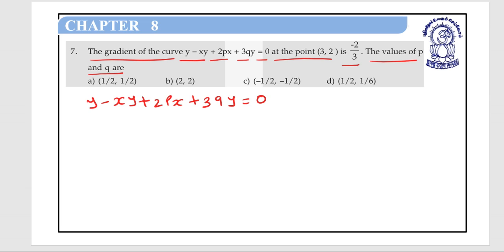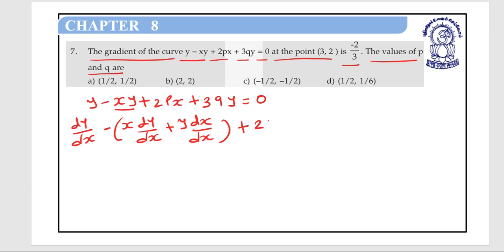Now take the differentiation, dy by dx minus xy. So here you have to use the u into v formula. So x as it is, dy by dx, plus y as it is, dx by dx, plus 2p times dx by dx, plus 3q times dy by dx is equal to 0.